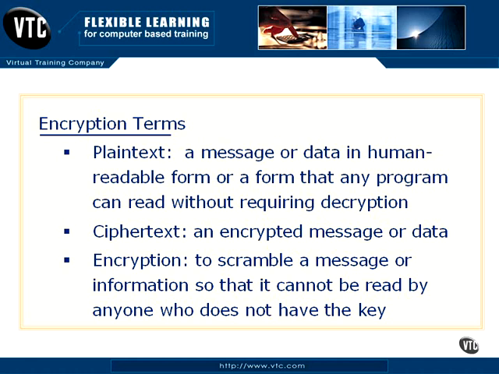First of all, there's the term plain text. Plain text sounds like it might be plain ordinary text, and to some extent that's true. But plain text could be a piece of text, a message, or any kind of data, such as a file, that's in a human readable form, or a form that any program could read without requiring a decryption. In other words, it's not scrambled.